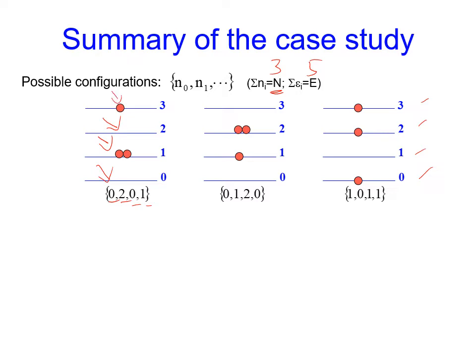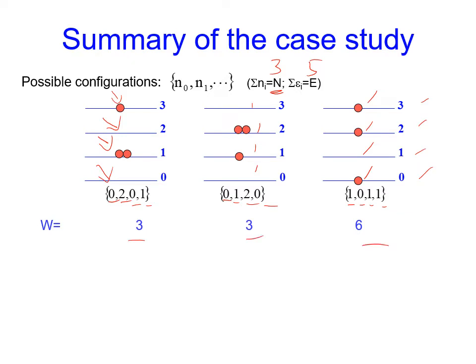Or 0, 1, 2, 0. Or 1, 0, 1, 1. For these 3 possible configurations, the weight equals 3, 3, and 6.